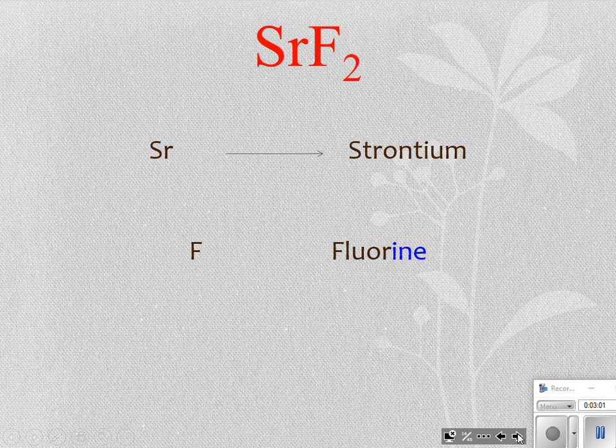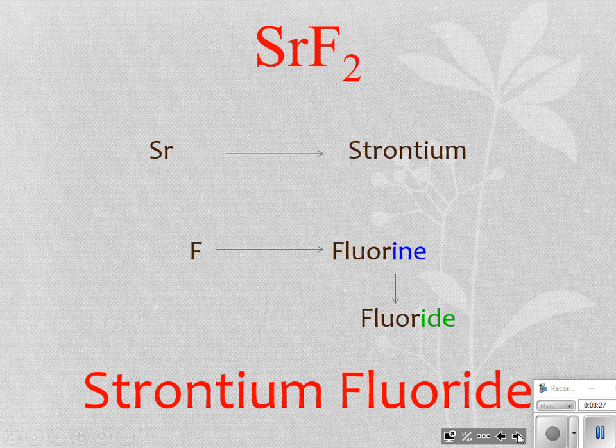However, remember, when we are dealing with the anions, we have what kind of an ending? Ide. So I need to change that INE to an IDE. So if I'm naming this particular compound, it is strontium fluoride.